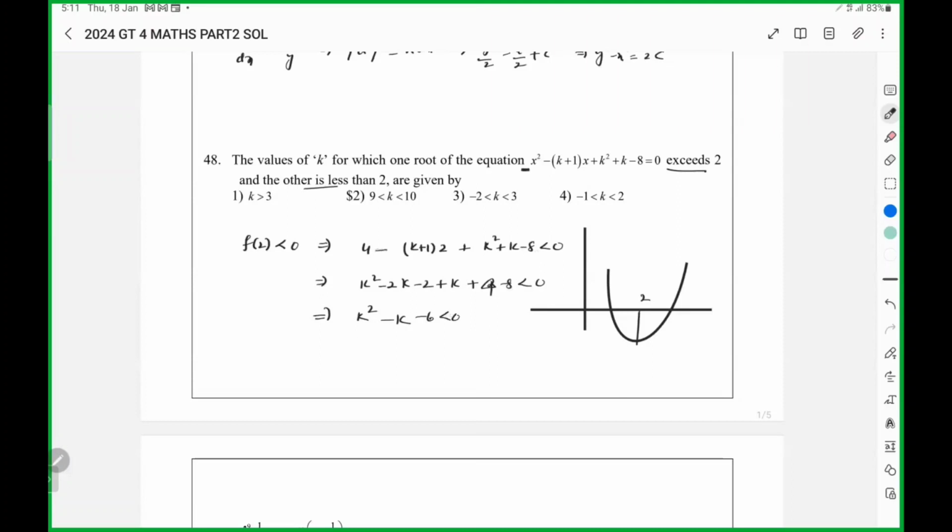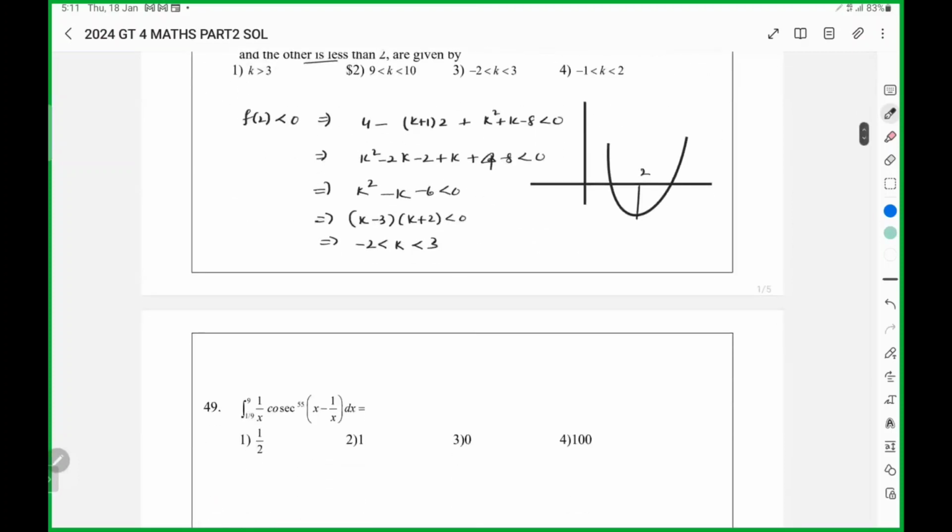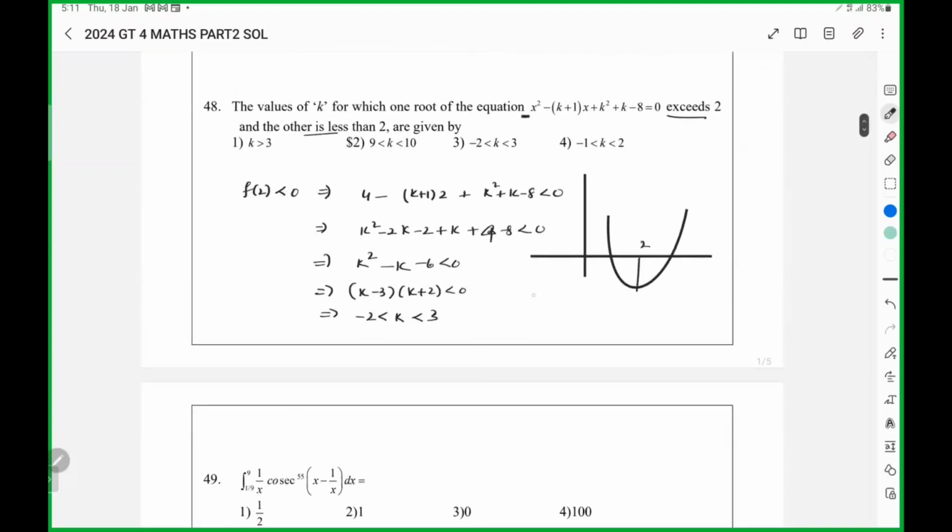Minus 8 plus 4 minus 4 minus 2. Okay, k minus 3 into... k lies between minus 2 and 3. At the same time, discriminant must be positive.